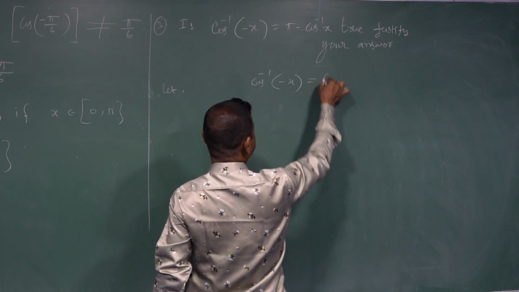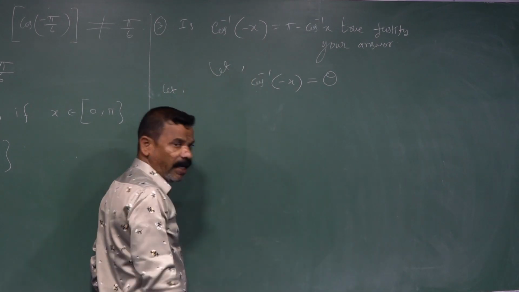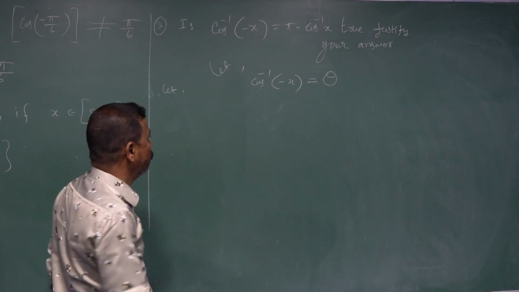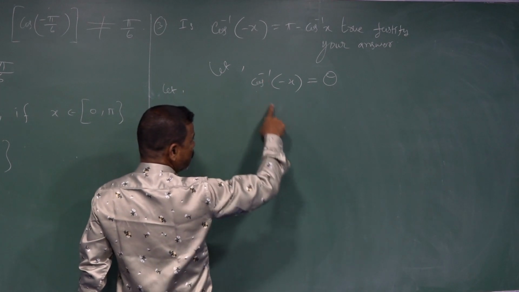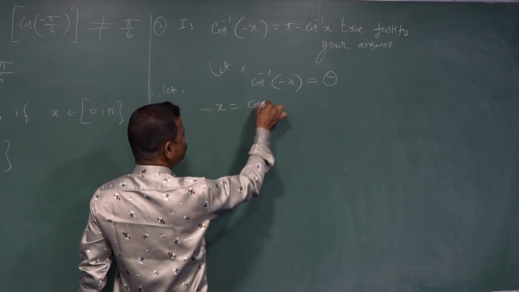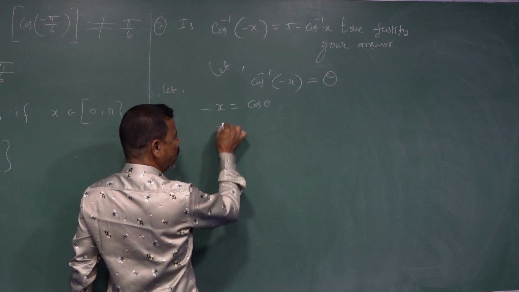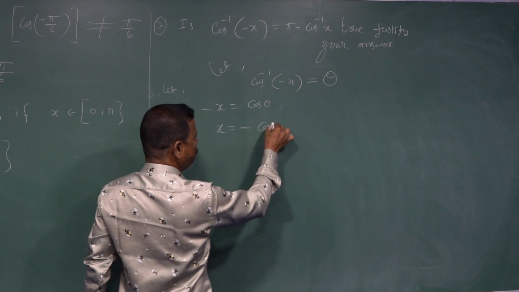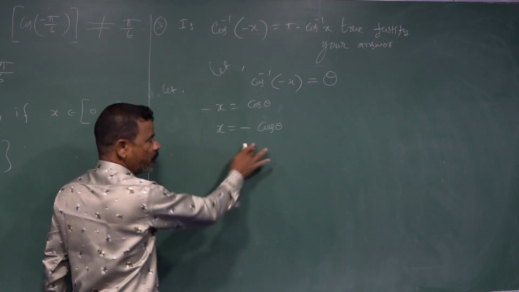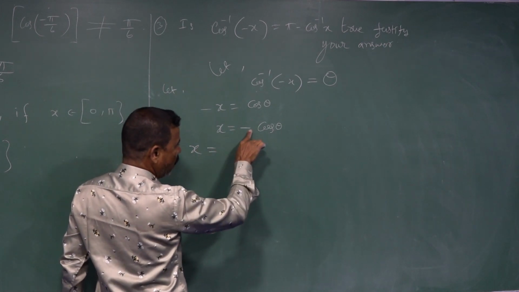Let this be theta, or any angle A or B, any angle. Taking cos on that side, minus x is equal to cos theta. Then x is equal to minus cos theta. This minus changes to that side. Here x is equal to minus cos theta.